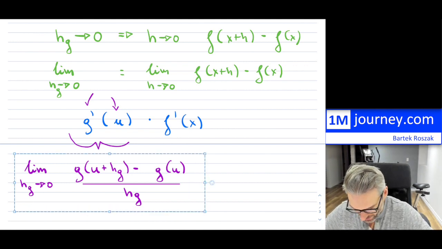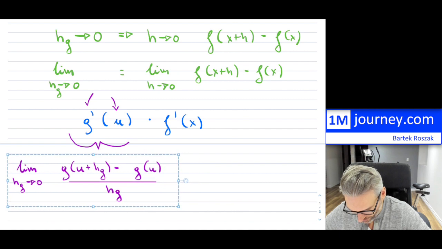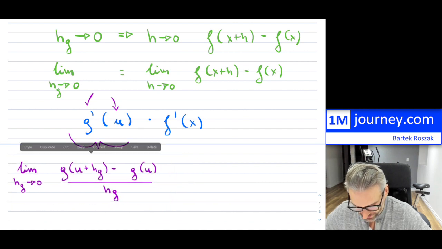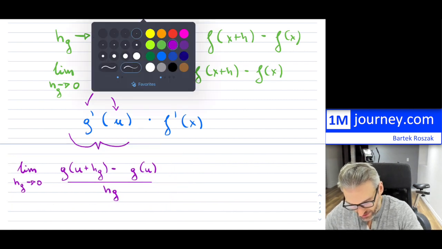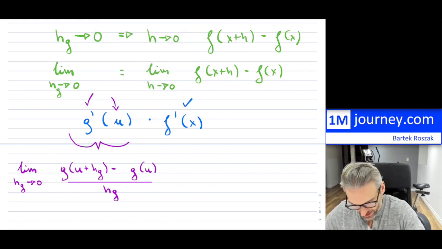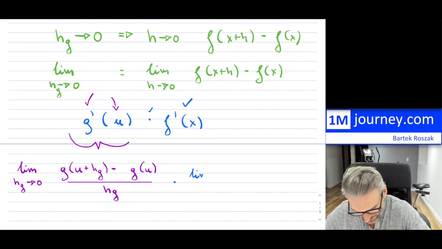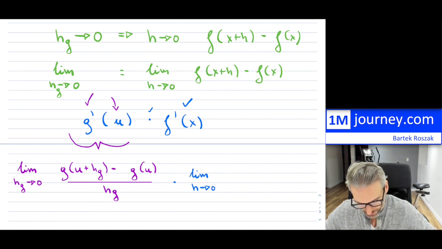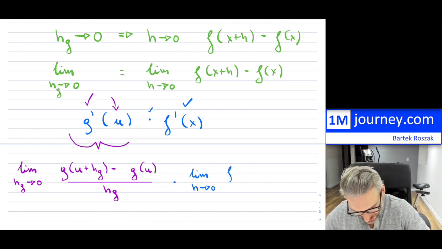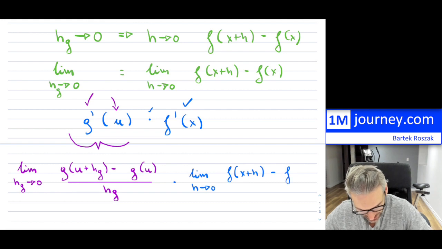Now let me make this a little bit smaller so that I have room for my second one. So here is my f, and it's multiplied by. So this is multiplied by. And now if I would write this, this would have been the limit, and here I will keep my h approaches 0, of f(x + h) - f(x) all over h.